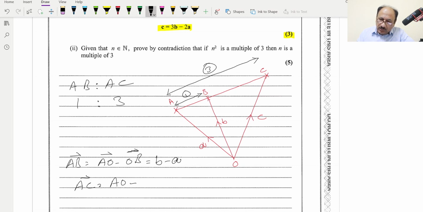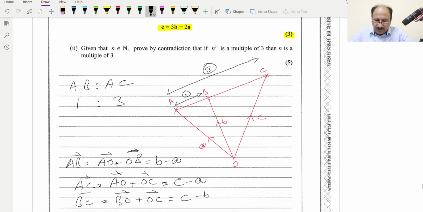AC will be AO plus OC, and we can write AO as minus A, so we will write C minus A. This will be our AC vector. Similarly BC will be BO plus OC, or we can write it as C minus B.